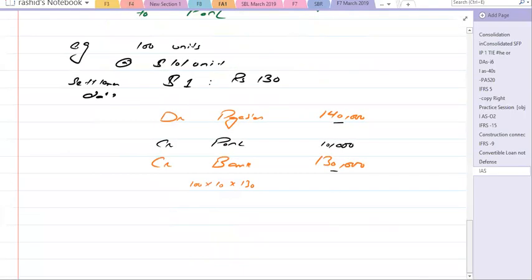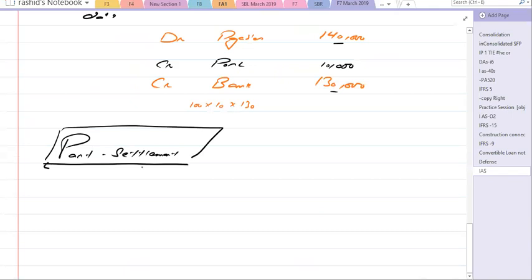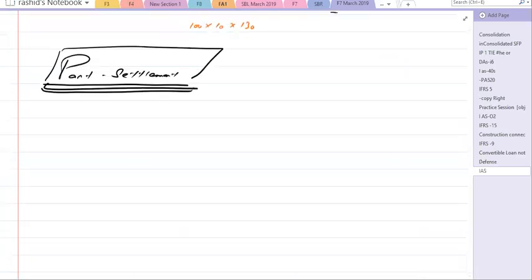And it is possible sometimes that you are doing a part settlement. Now, what does that mean?